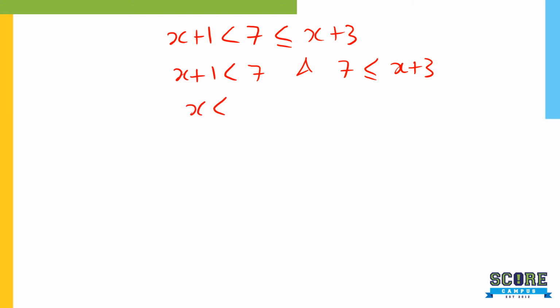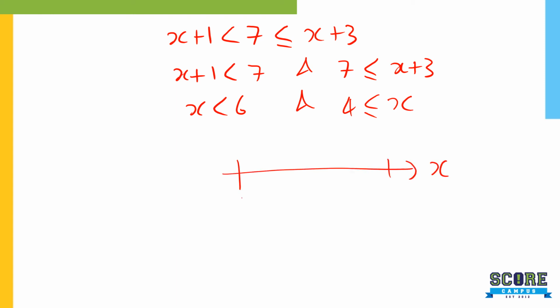So x smaller than 7 minus 1, 6, and here 7 minus 3, 4, smaller than or equal to x. Now you see x smaller than 6 and 4, so now you need to represent it, most likely, on a number line.